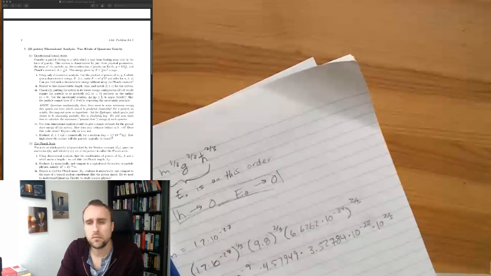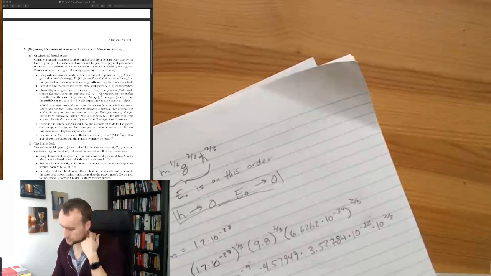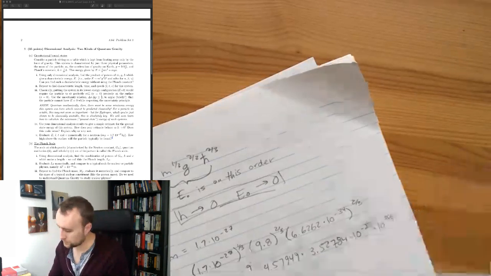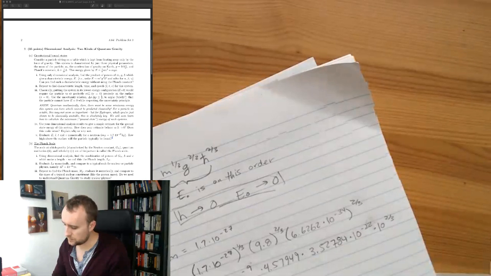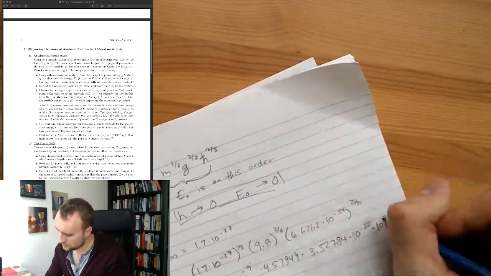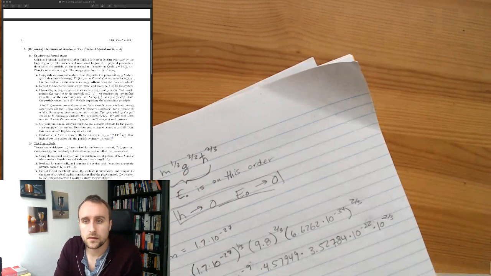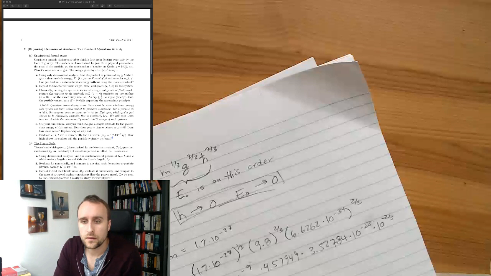Okay, 4.6. Oh, sorry, 2/3. Is it negative 2/3? Yeah. What am I doing here? 10 raised to the power of. See, we have this. Why is this not working?